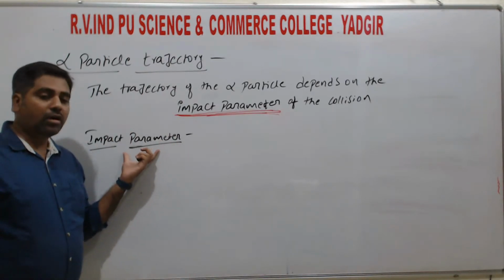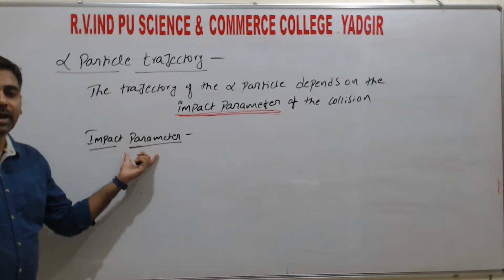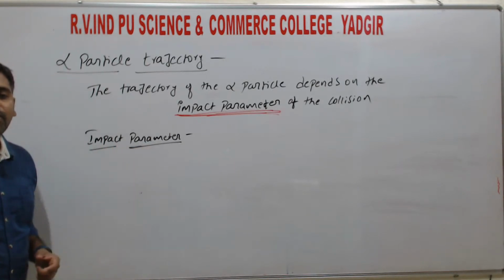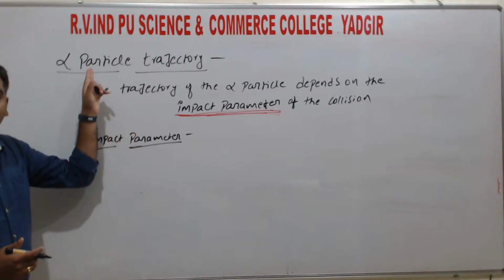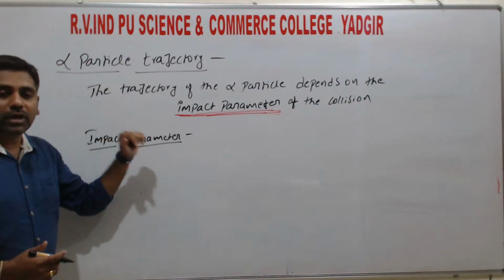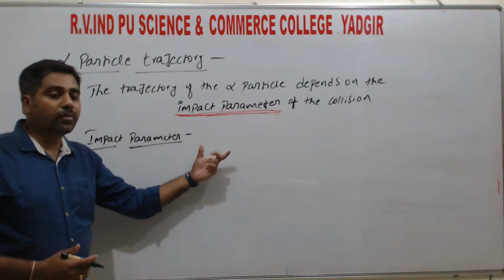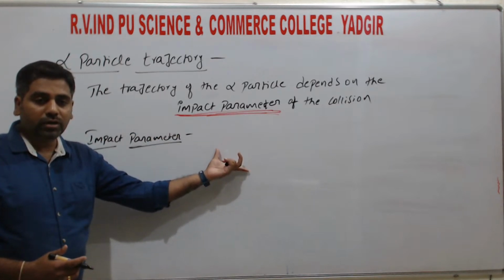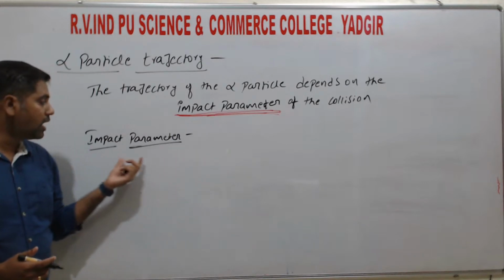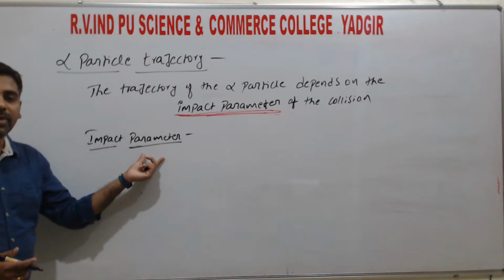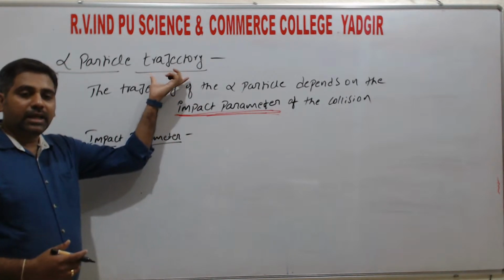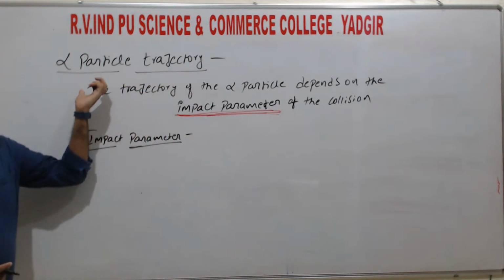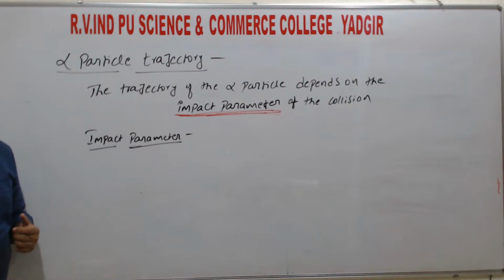That is called the impact parameter. On that distance the trajectory of the alpha particle depends.